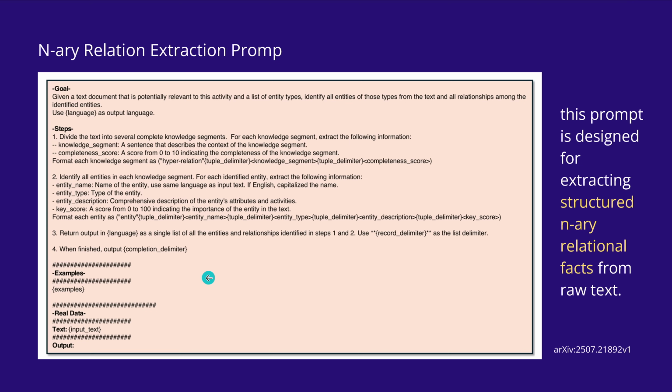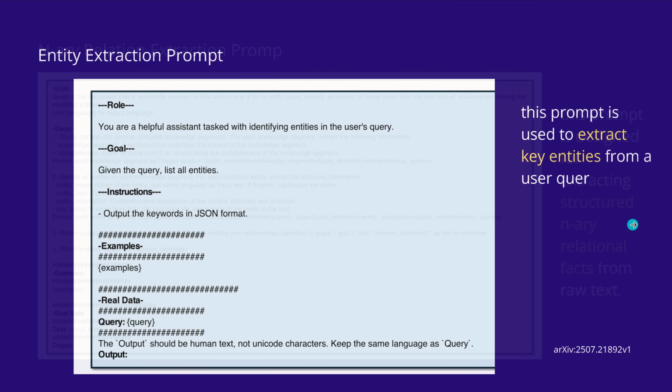Yes, this is a screenshot from the document. So this prompt is designed for extracting a structured, not a binary graph relational fact, but an n-ary relational fact, a hyperedge from raw text documents. This is done here, and some LLM is performing the job for this.